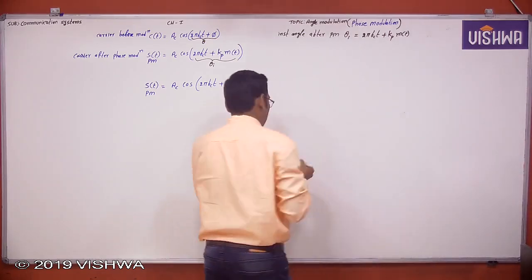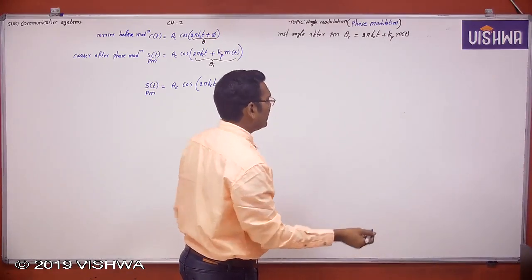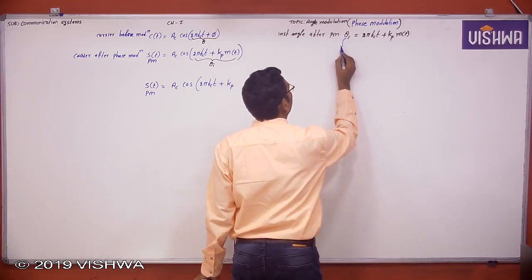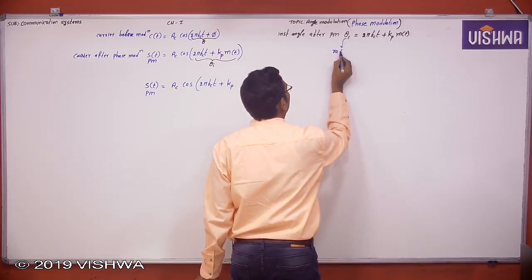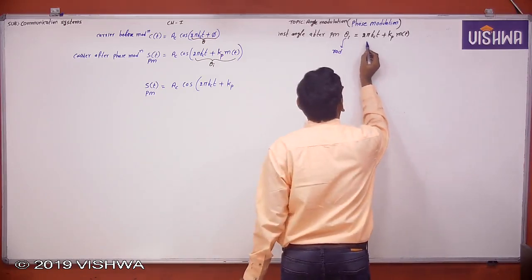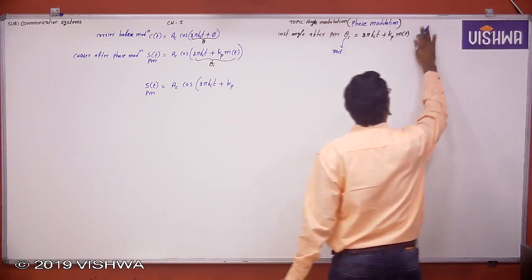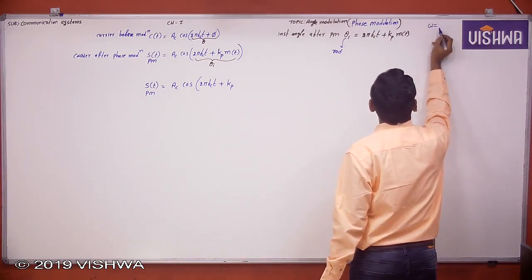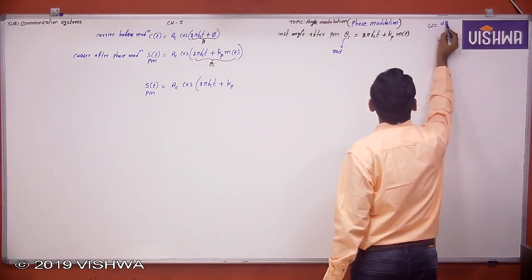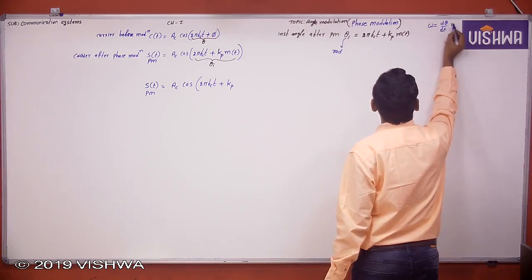Now this is theta i, whose units are radians. Now 2 pi f is omega, so omega into t, you know that. Now what is angular frequency? Angular frequency is d theta by dt, radians per second.